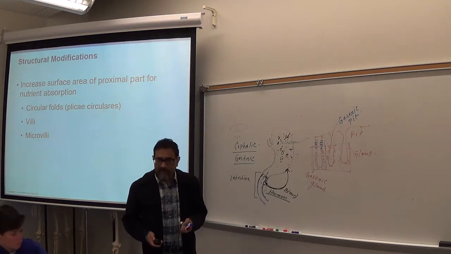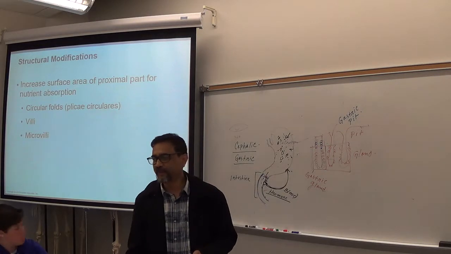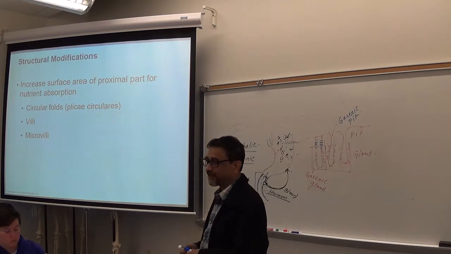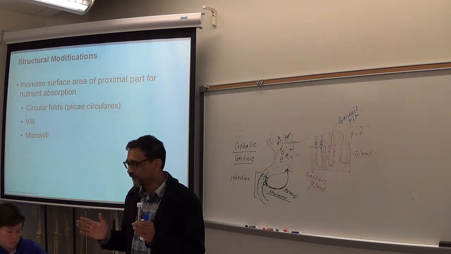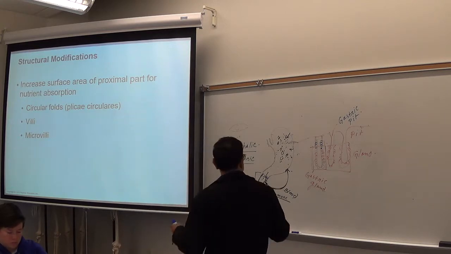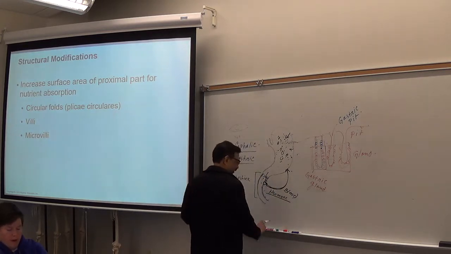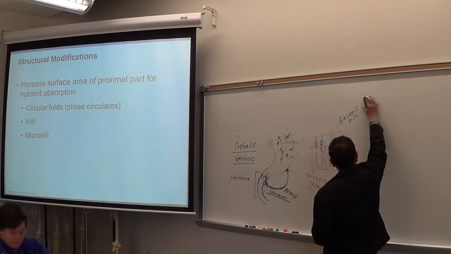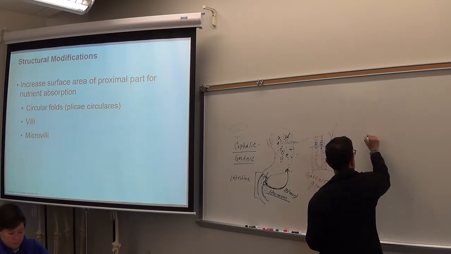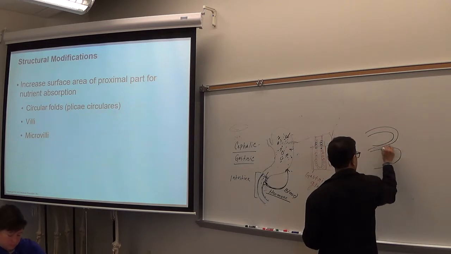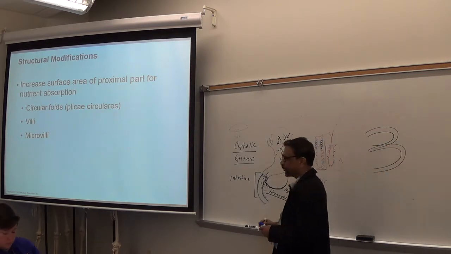In the mucosa of the small intestine, there are no rugae. Rugae are in the stomach, right? But in the wall of the small intestine, instead of rugae, you have circular folds like this of mucosa, circular folds of mucosa.